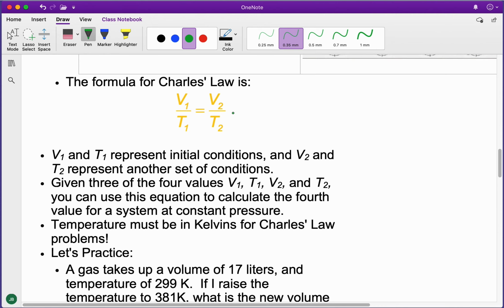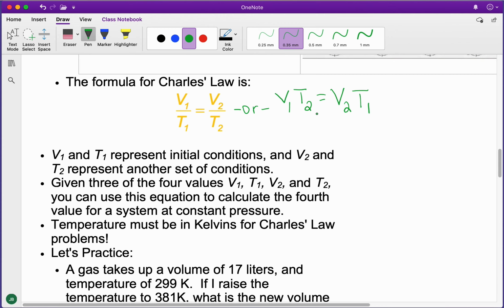If fractions bother you to no end, there's another way that you can write Charles's law, and it's this. You can say that volume 1 times temperature 2 equals volume 2 times temperature 1. Okay? So I'm just going to put a little "or" sign right there in between the two. And it is completely up to you if you choose to learn Charles's law like you see in yellow on the page, or the way I wrote it on the right in green.